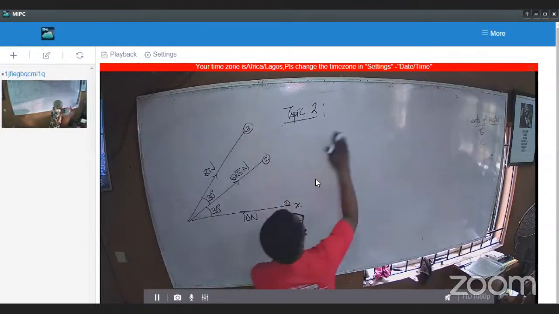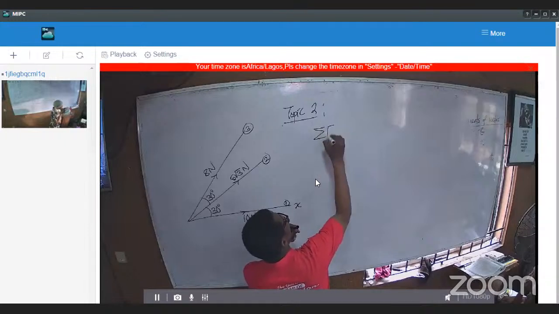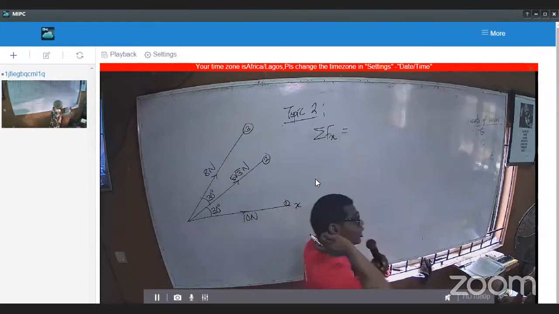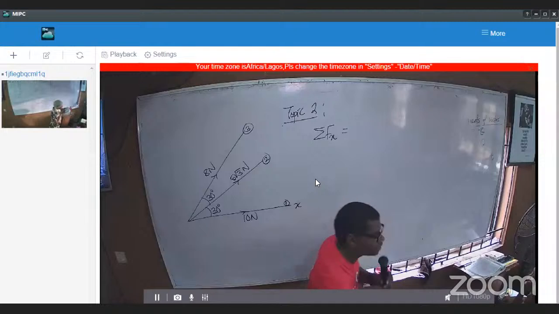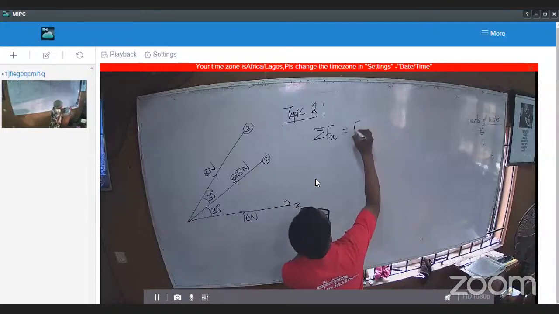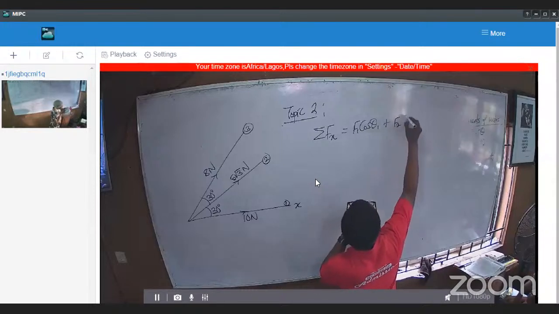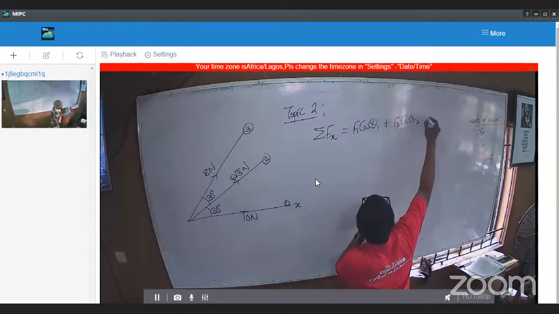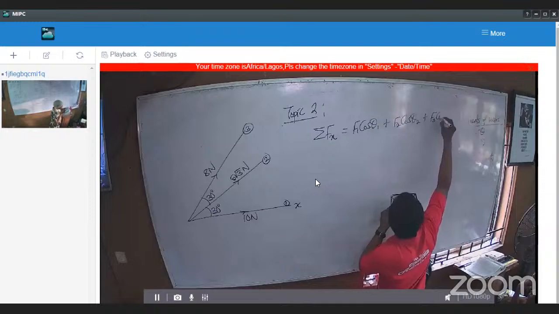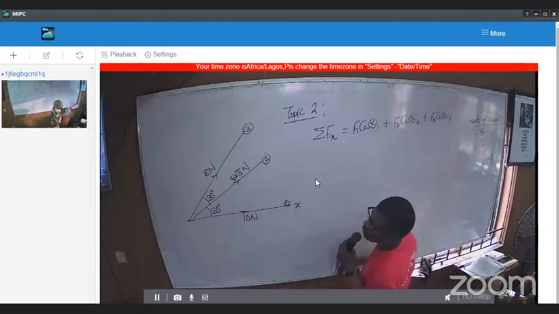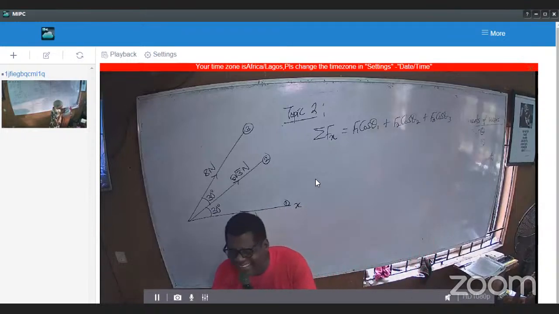Along the x-axis, I will say summation Fx. Because they said x-axis only, it will be F1 cos theta 1 plus F2 cos theta 2 plus F3 cos theta 3. Why cos? Because they said along the x-axis.